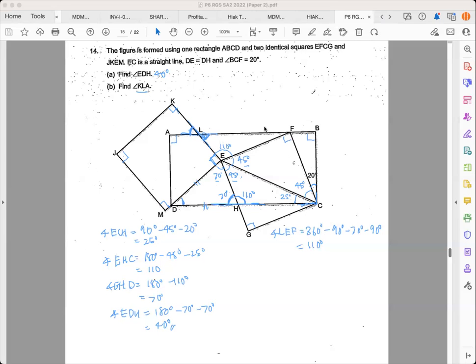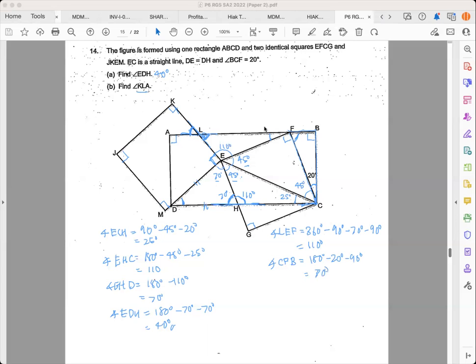Next, I need to find this angle. To find this angle, I will need to know this angle. So angle CFB is an angle inside this triangle. So 180 degrees minus the other two angles, 20 degrees and 90 degrees, I will get 70 degrees.